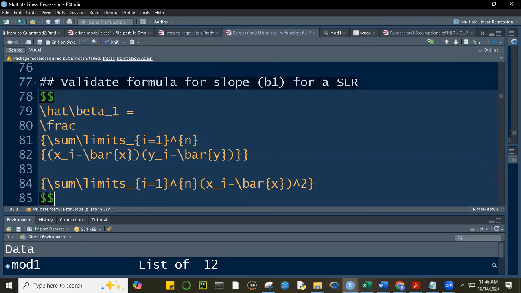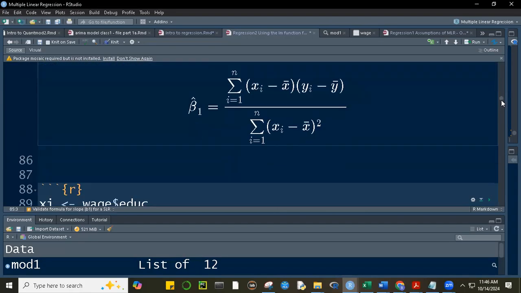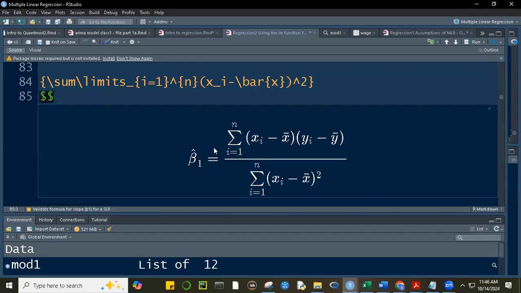Formula to compute for the slope, okay? So that's beta 1 is equal to the summation of x sub i minus x bar times y sub i minus y bar. Okay, and then you have here the summation of x sub i minus x bar squared.